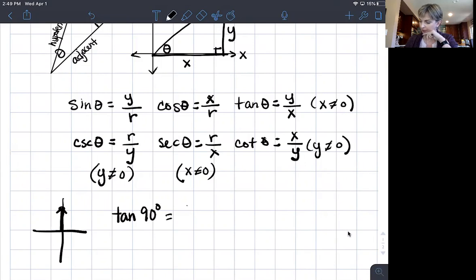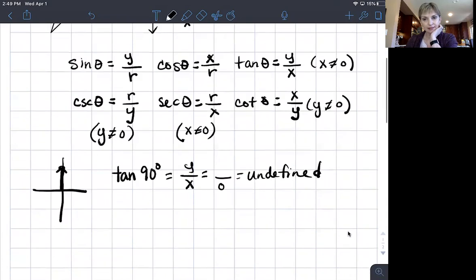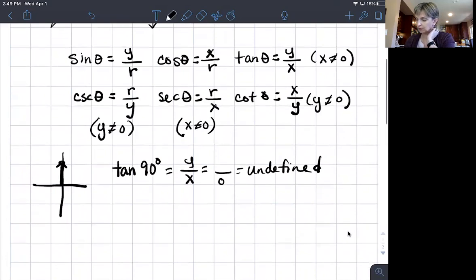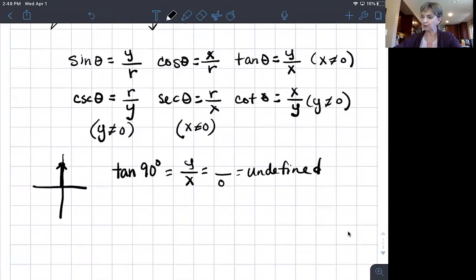My x is 0 at that angle, so this would be undefined, because there's no x at that angle. So you kind of have to keep an eye open for those things, for some of these angles, particularly ones at 0 degrees, 90 degrees, 180 degrees, and 270 degrees.